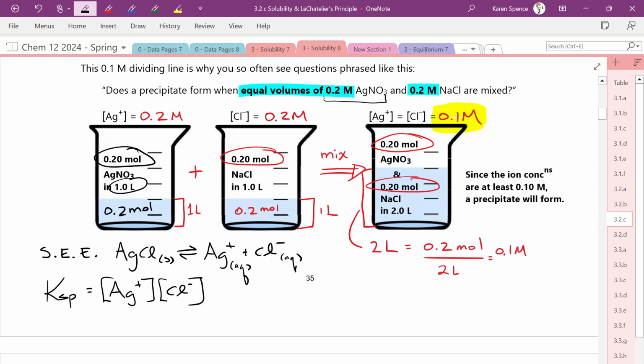Now, when I dump these two things together, in that instant when I dump them together, are we at equilibrium? No. So I'm actually going to call this Q. Do you remember Q from the equilibrium unit, where we're not yet at equilibrium when we use our initial concentrations? So we're going to toss in the 0.1 molar and the 0.1 molar.